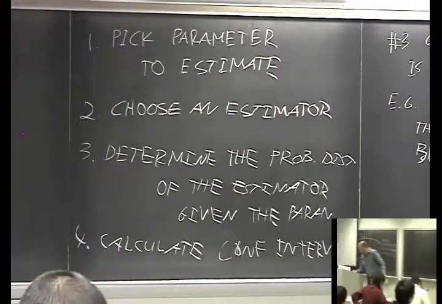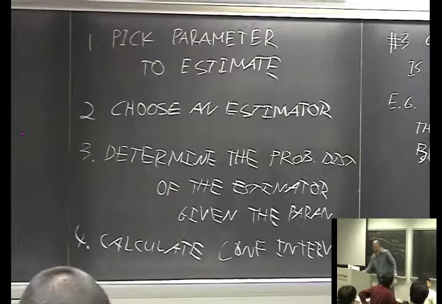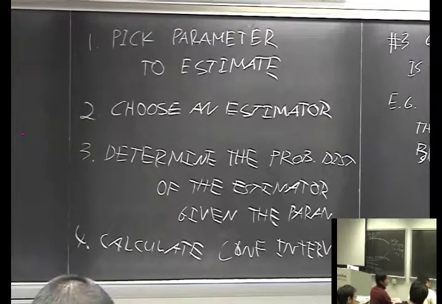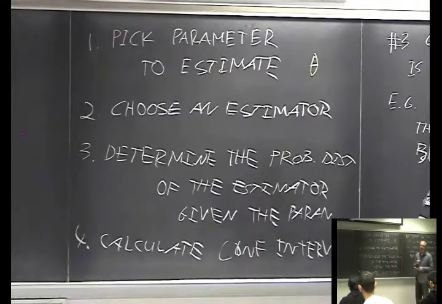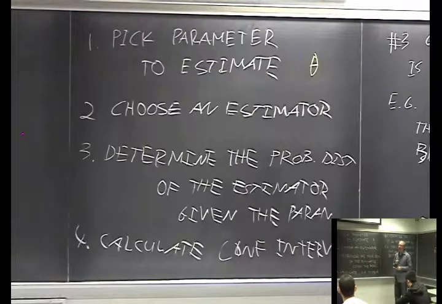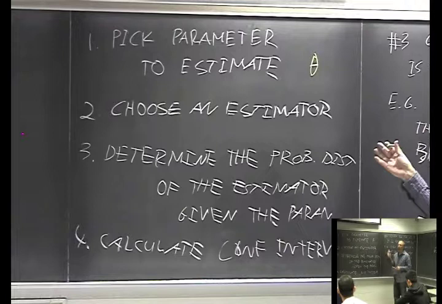I'm going to first describe it abstractly. Pick parameter to estimate. Statisticians like to use theta for a generic parameter. So I use green for parameters that are not known to us but supposedly are fixed.